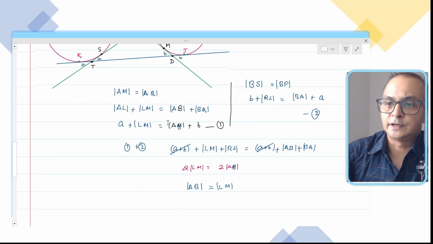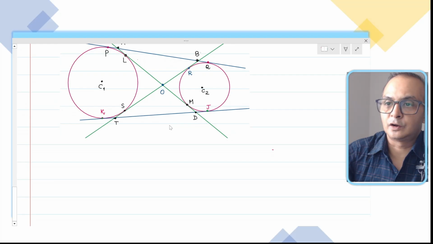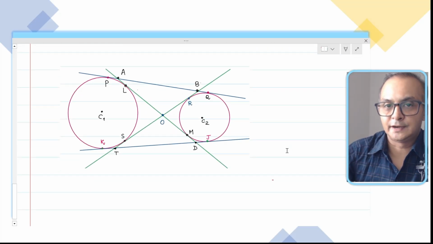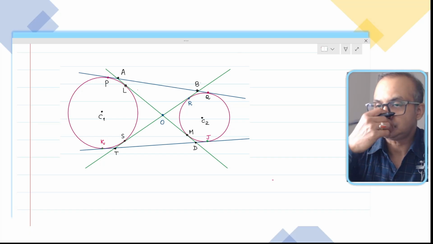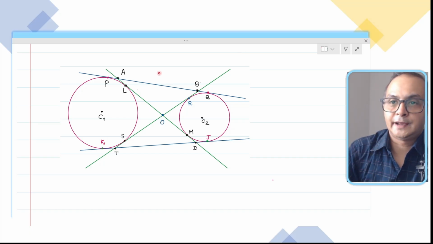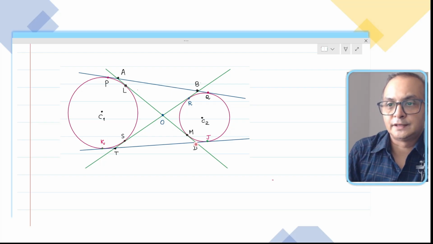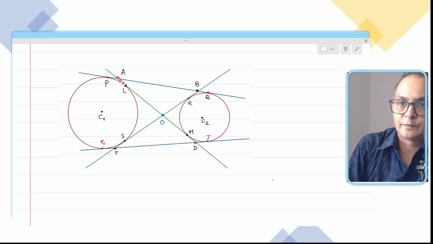Now let's prove it. We can also understand what will be the length of the intercept made by the direct common tangent over the transverse common tangents. So this is the line segment AD I have to find the length of.